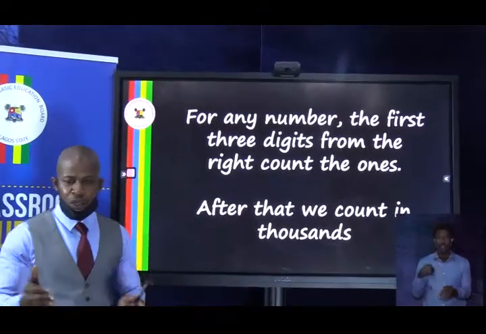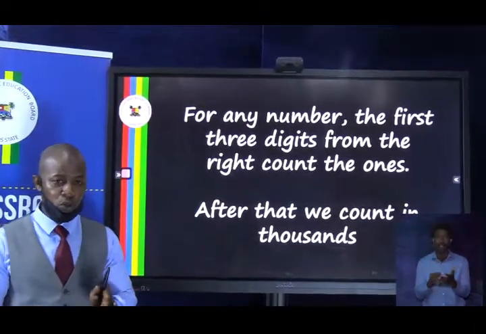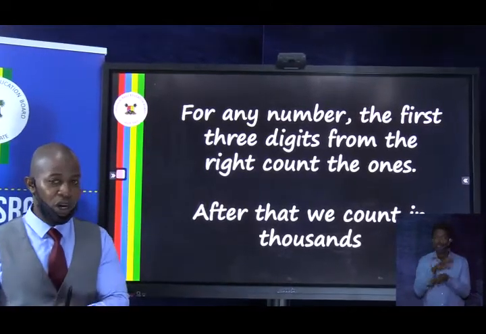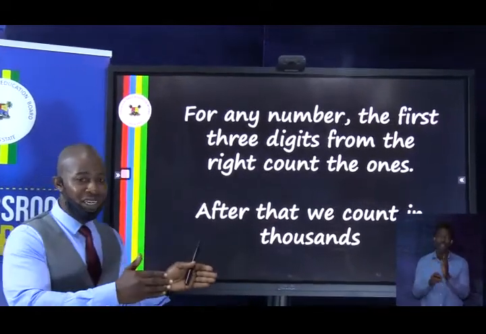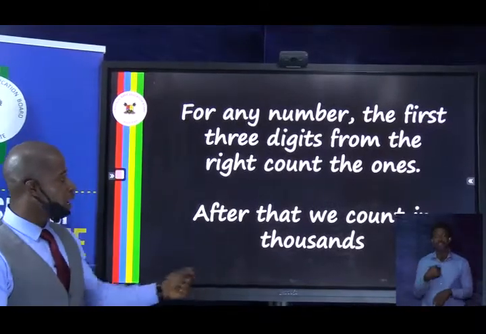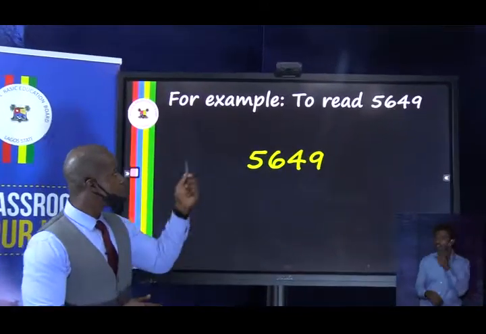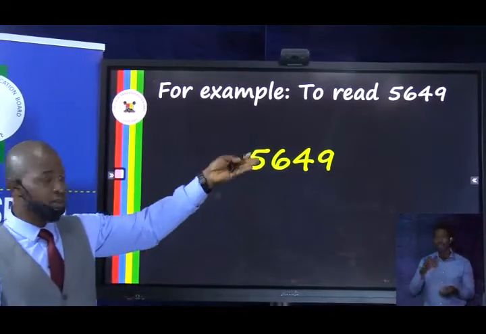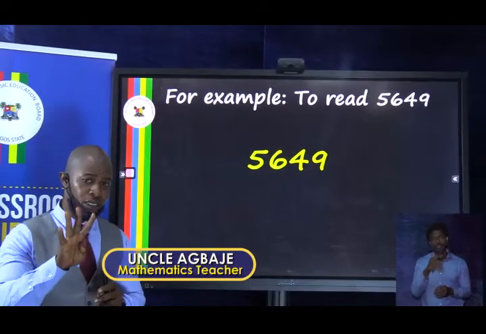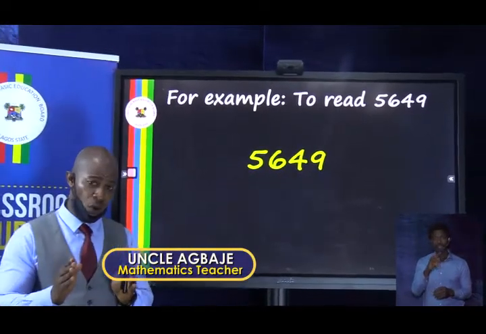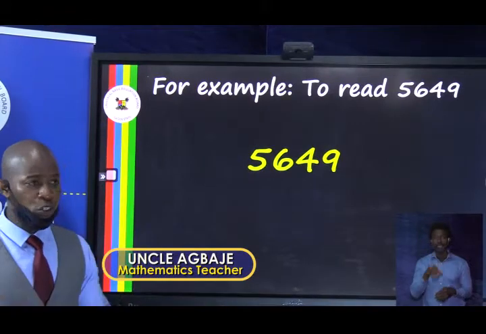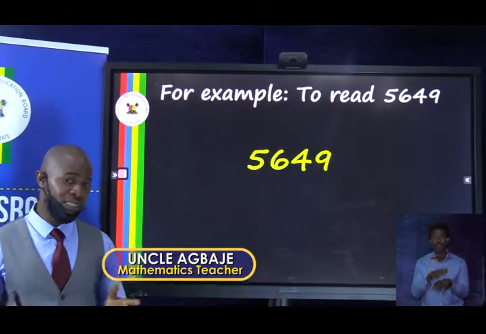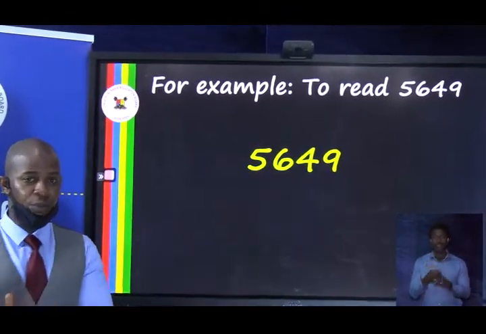So we'll take that again. You count in ones, but when you no longer have 3 digits, you don't count in ones anymore. You count in thousands, as you will see in this example. So, for example, read this number. The number is made up of 4 digits: 5, 6, 4, and 9. So how do you call this number? Remember that I said the first 3 digits from the right represent the ones.